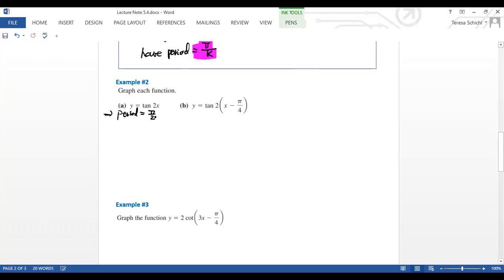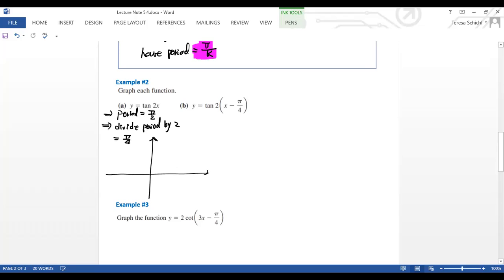Then what you need to do is divide the period by 2, so that is pi over 4. That means on each axis, you're going to have a pi over 4. So that's how you graph it.